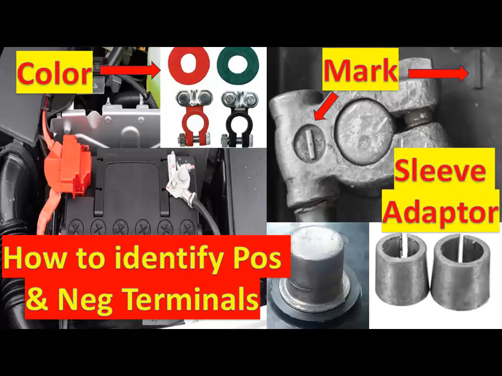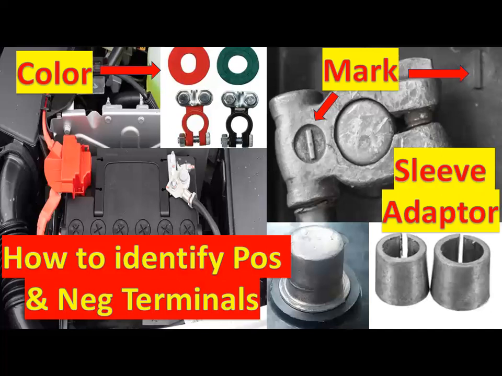Aside from that, for the color of the plate or the ring that you insert as an identification color, you use the red color for the positive post, but for the negative post, you use either black or green color, which makes it a negative.